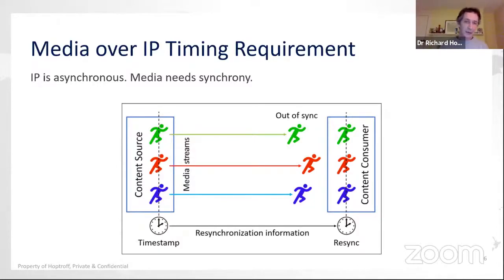So there's no guarantee when it will arrive. You might have a packet collision and it'll take a little bit longer to arrive. So something needs to resynchronize all these packets when they arrive from all their different sources. So this is the fundamental reason why the ST 2059-2 requirement exists, so that we can align time as it's sent over IP media.